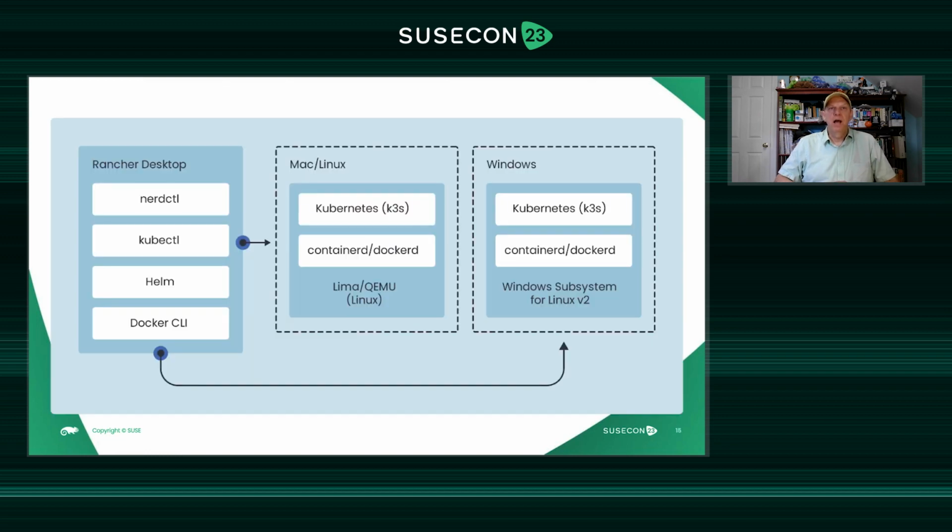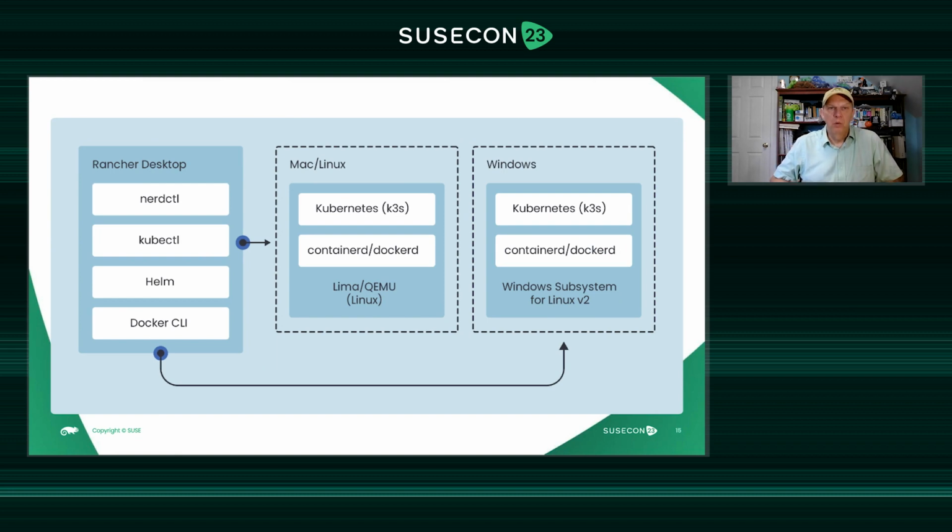So if you take a look at the block diagram of what the product is, one of the really nice features about it is you can pick the runtime that you want to use. If your developers are more comfortable working in a Docker kind of framework, they can run it on top of dockerd, and then they can use the Docker CLI commands. That's perfectly fine. A lot of people have the Docker commands sort of burned into their fingers, and that's what they want to type all the time. Just run Rancher Desktop on top of dockerd in that case.